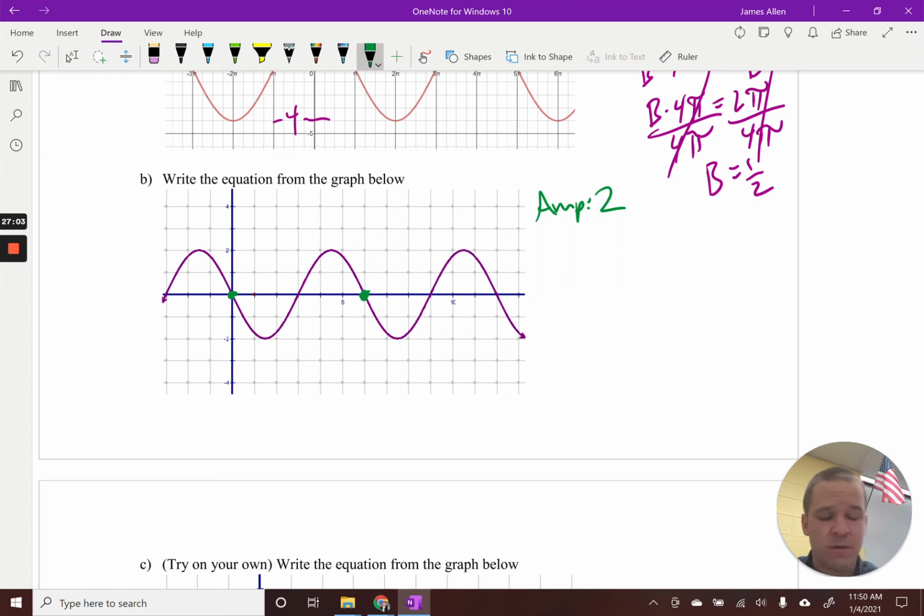So this is looking like a sine function, but it starts with negative, so we need to remember it has a reflection in it. It looks like my period took all the way to 6. So now let's find our period multiplier. We'd have 6 equals, because that's my period, 2 pi.